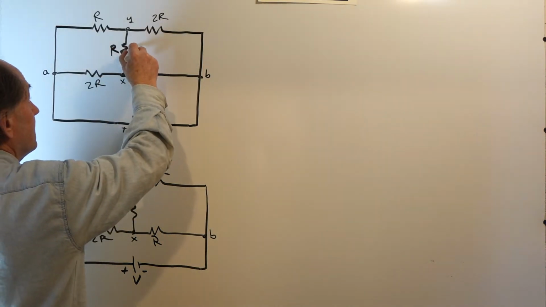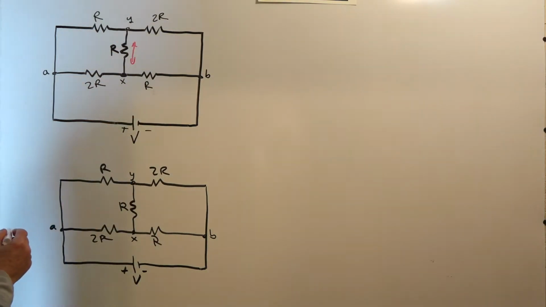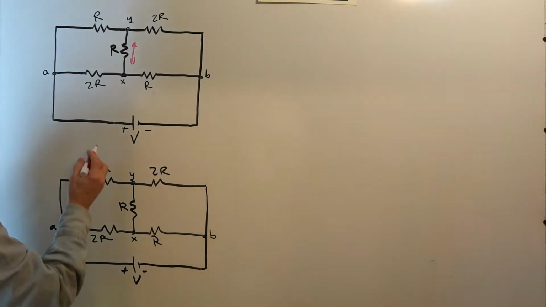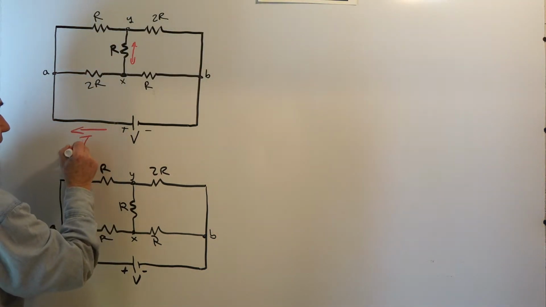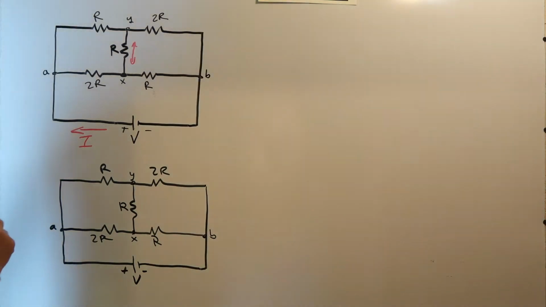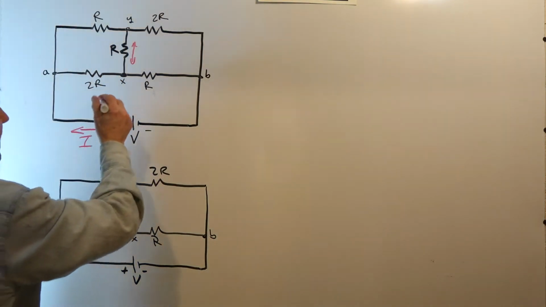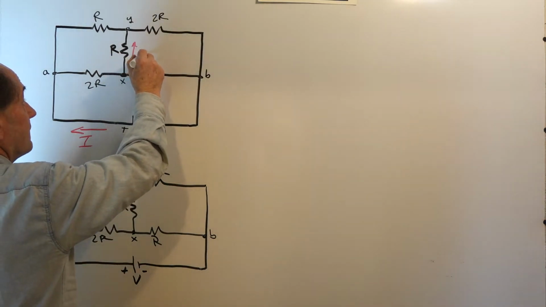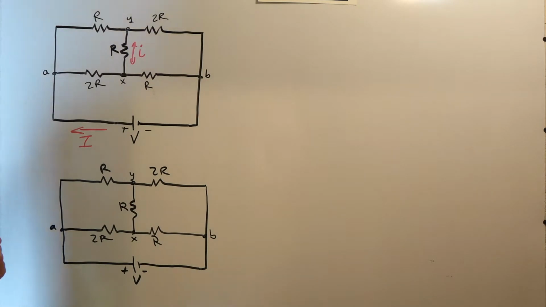One was, what is the current in the bridge resistor? Is it going upward or downward in this orientation? And what is its value? And what is the value of, say, capital I, which is the current being sourced by the voltage source into the network? And we'll call this current in the bridge resistor small i.